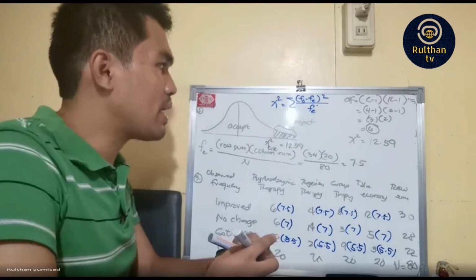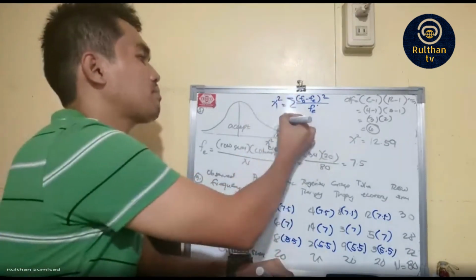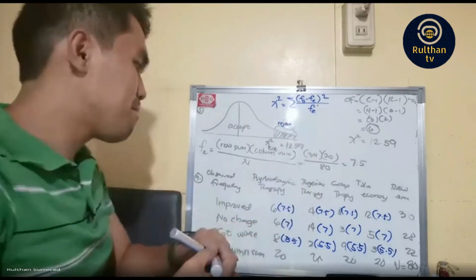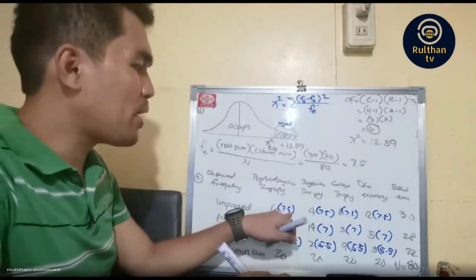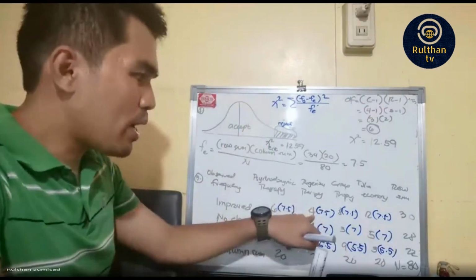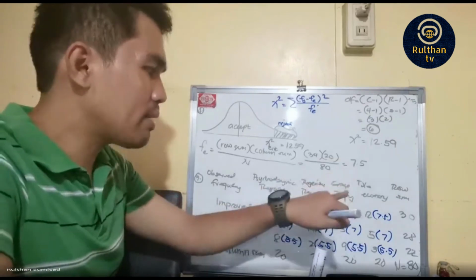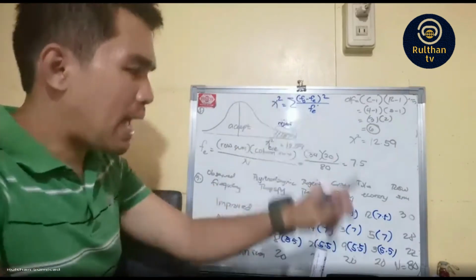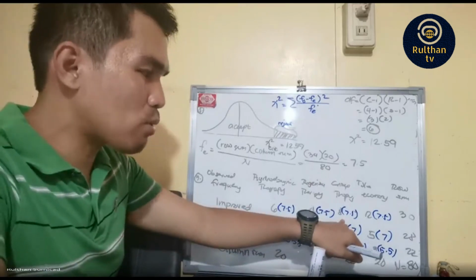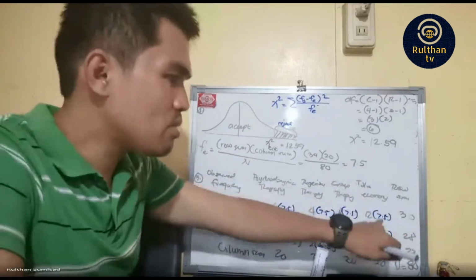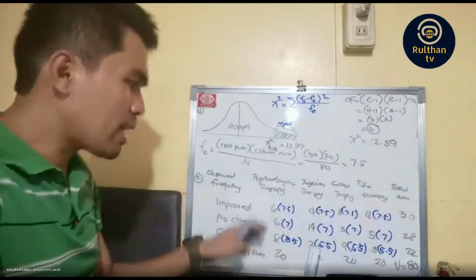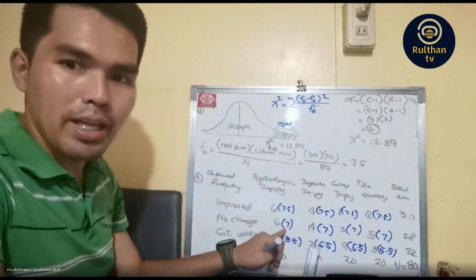The first one is 6 minus 7.5 squared divided by 7.5, plus 4 minus 7.5 squared divided by 7.5, plus 8 minus 7.5 squared divided by 7.5, plus 12 minus 7.5 squared divided by 7.5. That's it. Then continue again to the next. Can you do that? What is the result?